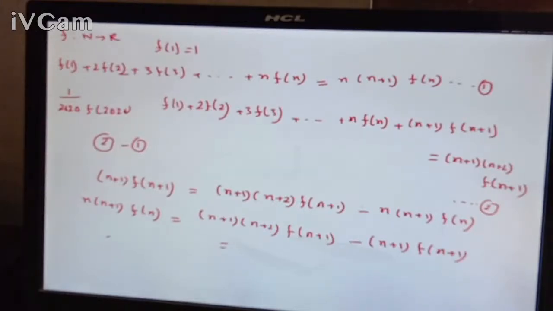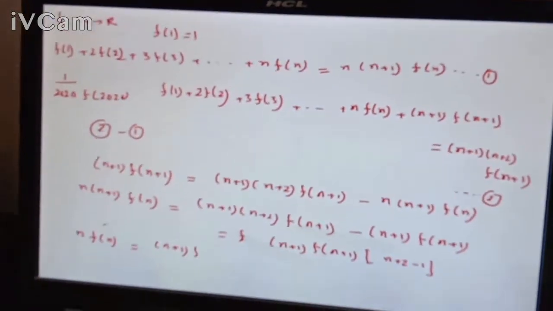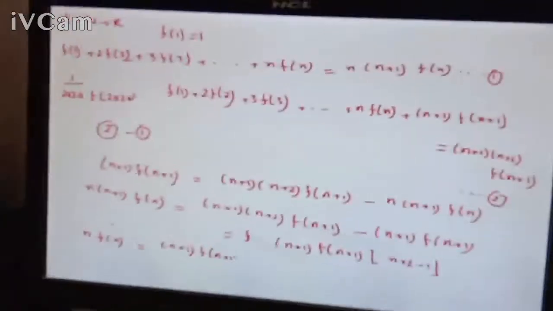So it is equal to (n plus 1) f(n plus 1) into (n plus 2 minus 1). Therefore, we will get n f(n) equal to (n plus 1) f(n plus 1).